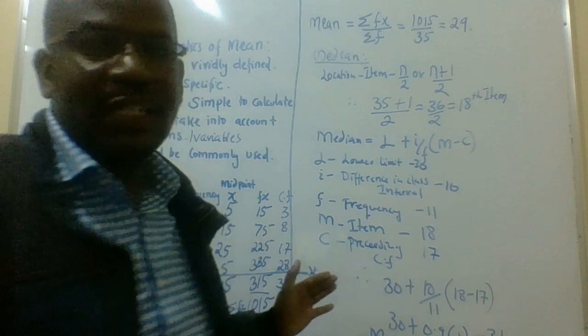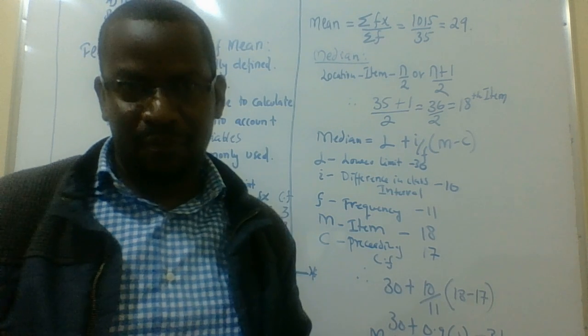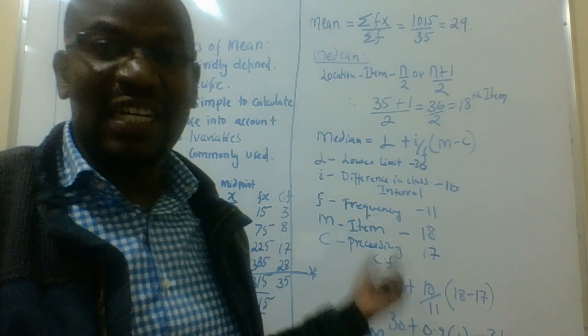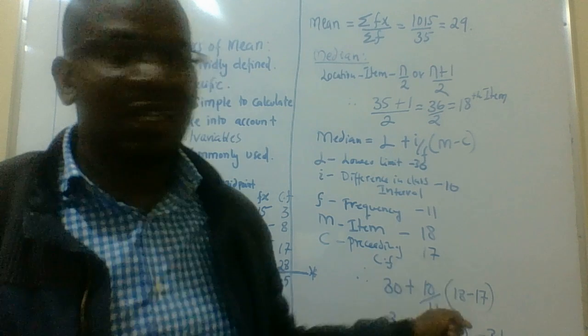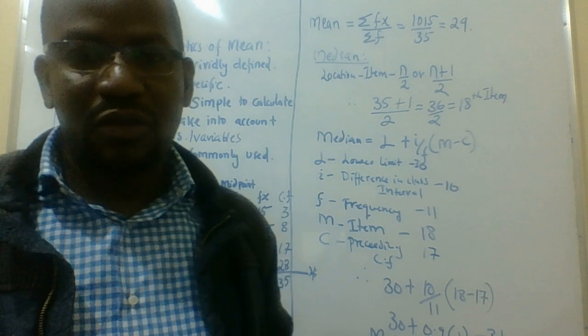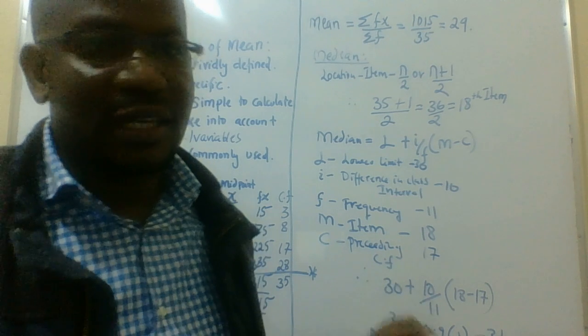So that's how we calculate the median. Interpretation of median: the median marks of 35 students is 31.